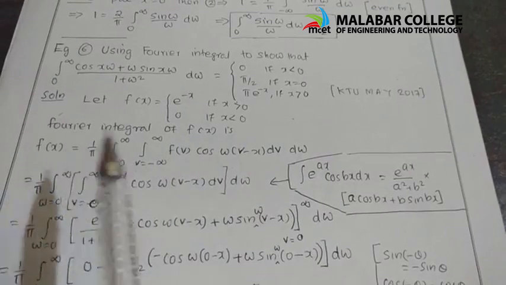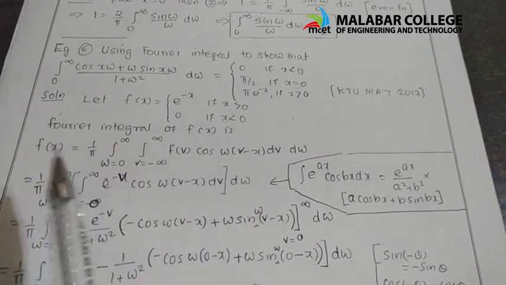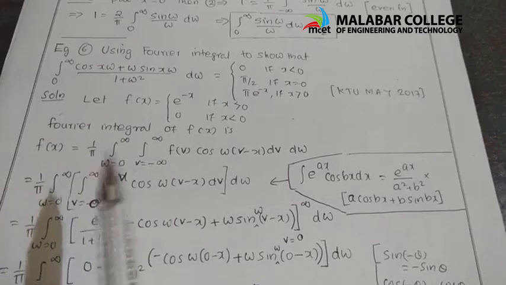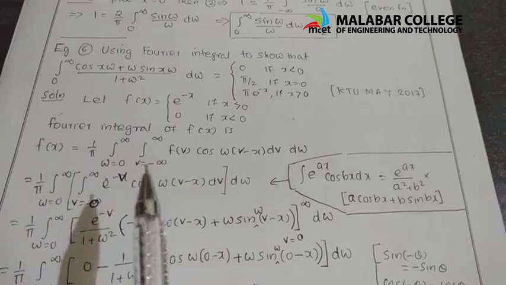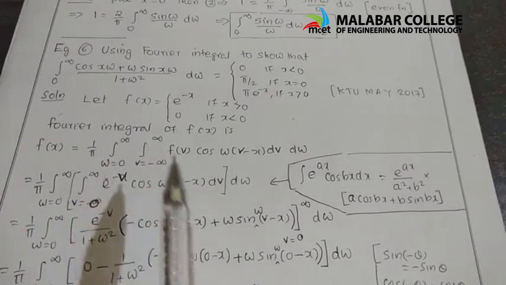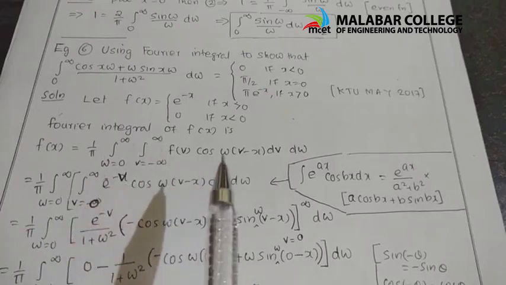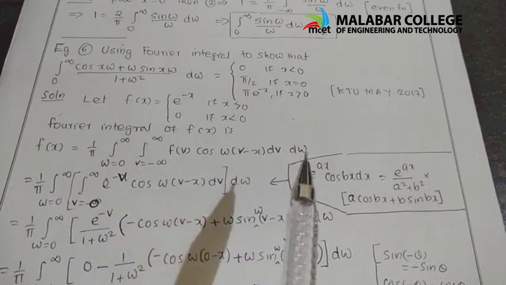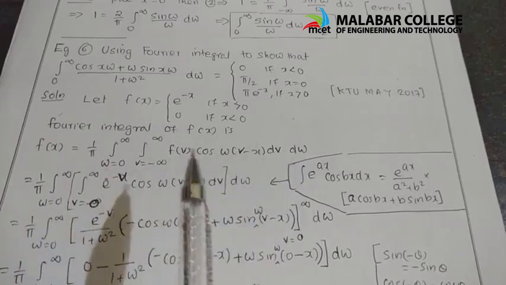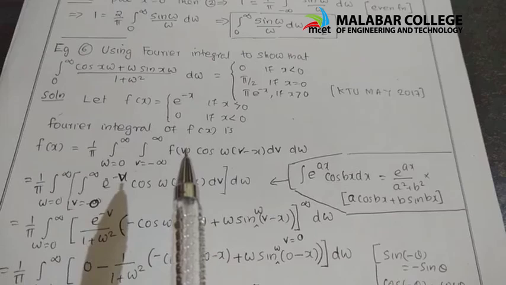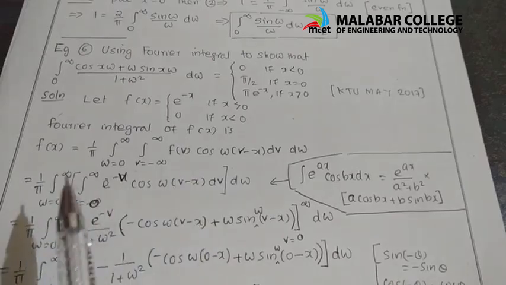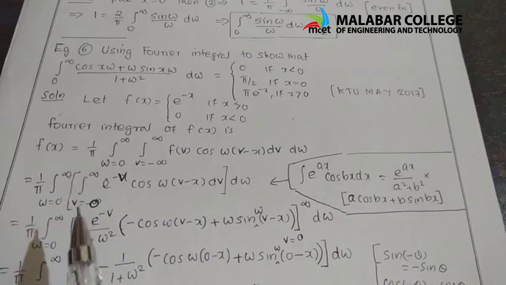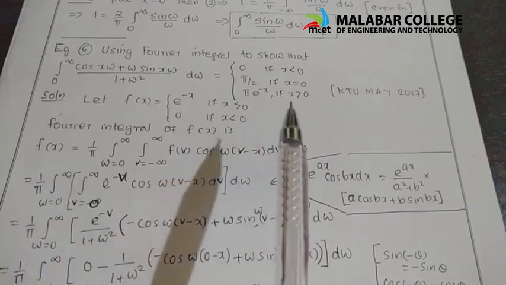So I am writing the Fourier integral of f of x. The formula I am taking is this one: f of x equal to 1 by pi, omega from 0 to infinity, integral v from minus infinity to infinity f of v cos omega into v minus x dv d omega. And I am substituting for f of v. Here omega is from 0 to infinity, and the value exists only for x greater than 0.